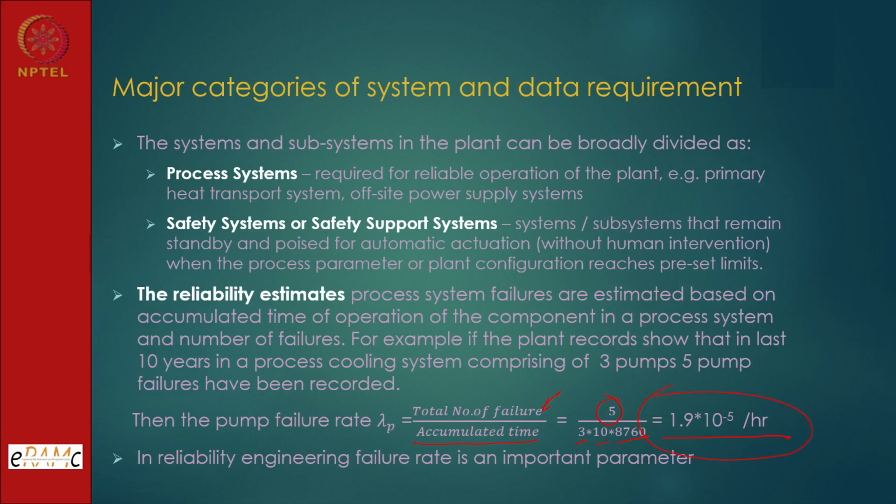And if you are talking about mission time failure, let's suppose I want this pump's probability of failure for the next 10 hours of operation, since this is failure per hour, I simply multiply by 10 and get the failure probability. These are some primitive techniques that are very useful. Advanced techniques, like Markov models and Bayesian updating, come later on, but we should know these primitive techniques, which serve our purpose for a major part of our risk assessment.